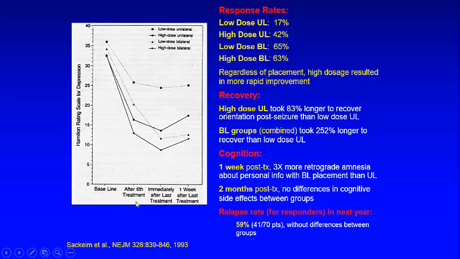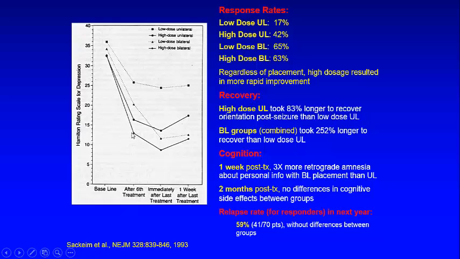After the 6th treatment, what you'll notice is that regardless of lead placement, higher energy settings resulted in more rapid improvement. So this is low dose unilateral. This over here, 2 lines down, is higher dose unilateral. In the middle here, we've got the lower dose bilateral, and then over here is the higher dose bilateral.